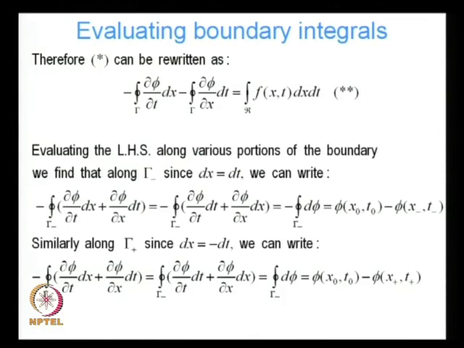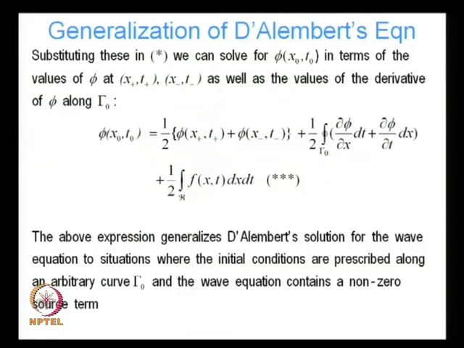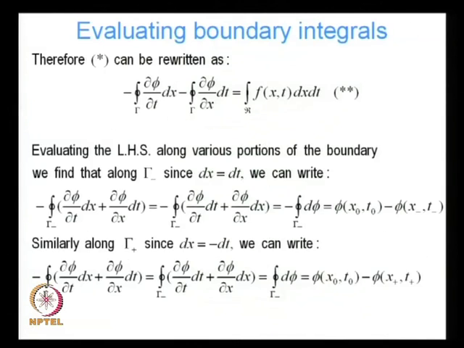So, we have evaluated this integral over gamma minus and gamma plus, but I have not evaluated it over gamma 0. So, that part is still remaining. What I am going to do is substitute this in my equation, and bring the integral over gamma 0 to the right hand side. The left hand side includes the integral over gamma 0, so I bring that to the right hand side.